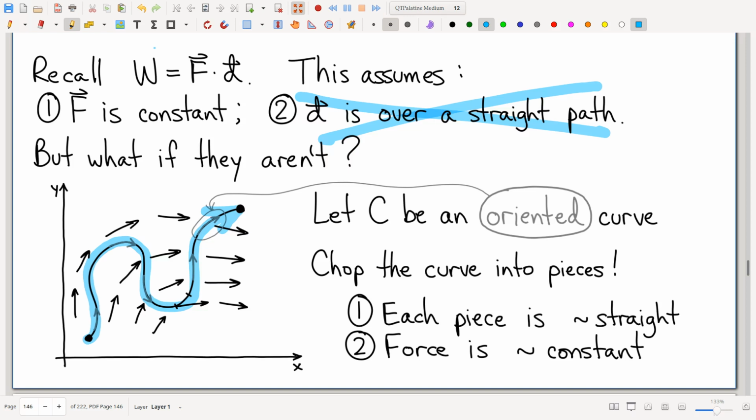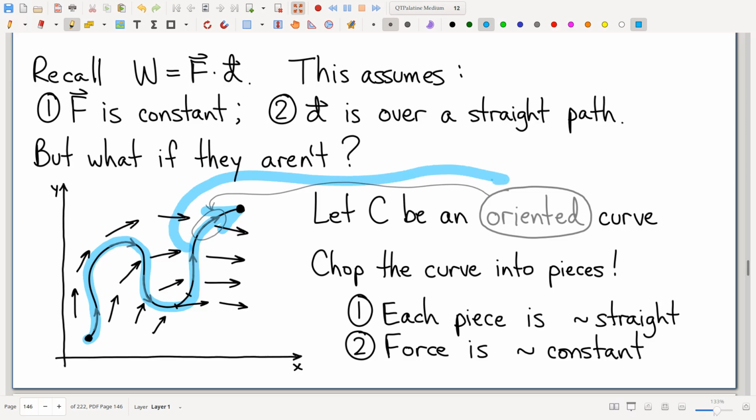And so to start off with, I'm just going to come out and say it. We're going to just have to recognize that this thing, what we're going to call an oriented curve, and the word oriented is a reference to what we call orientation. The orientation meaning an understanding of which direction is the direction that we are moving along that curve.